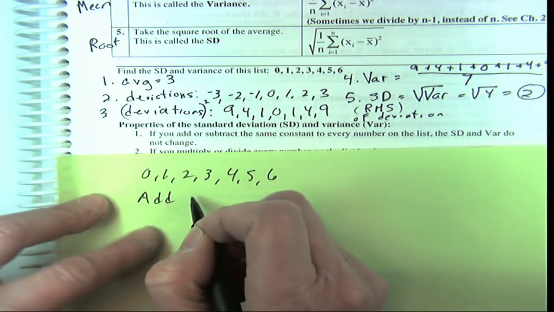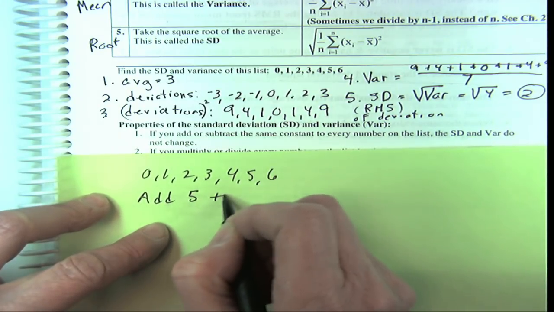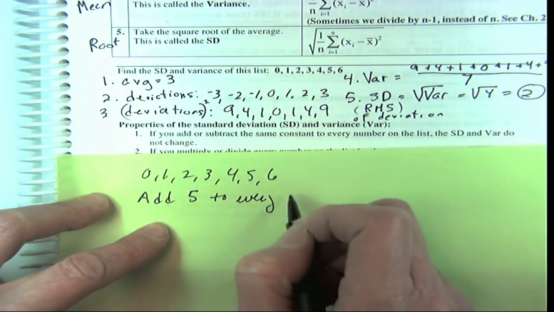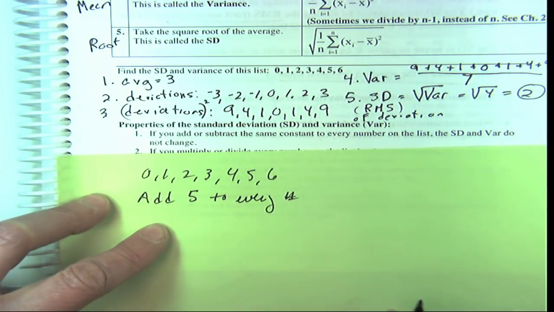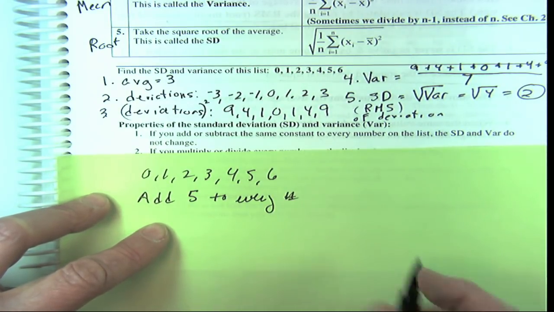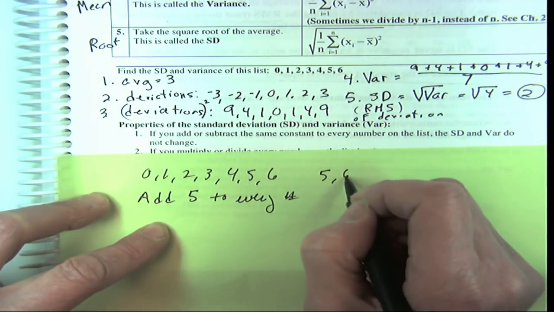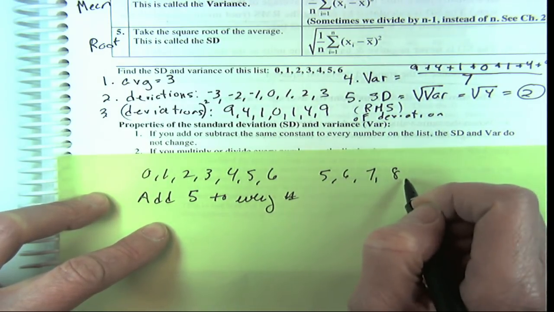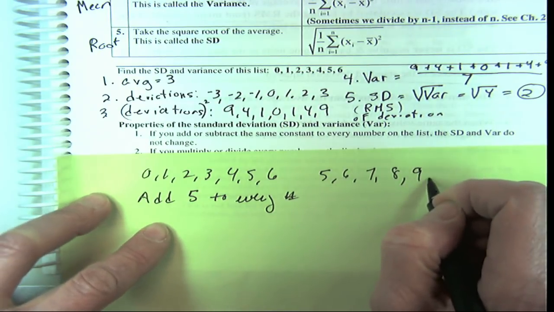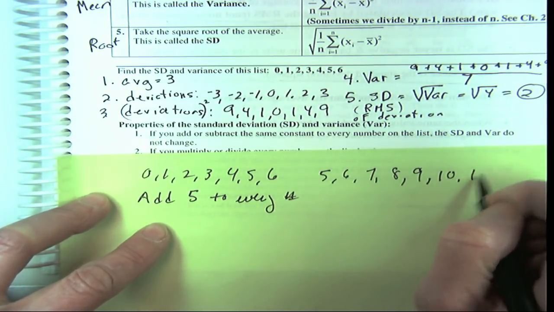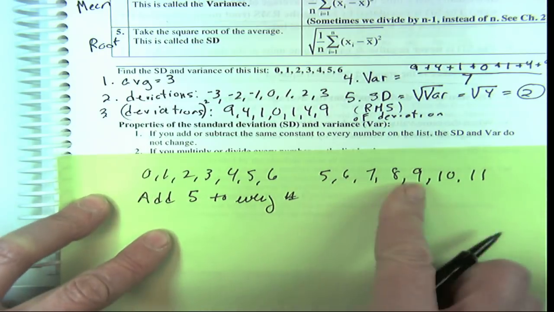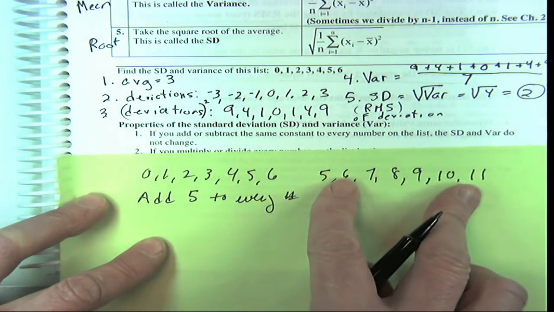If we added 5 to every number on the list, what would we get? We'll get 5, 6, 7, 8, 9, 10, and 11, right? Now, did it change the spread?